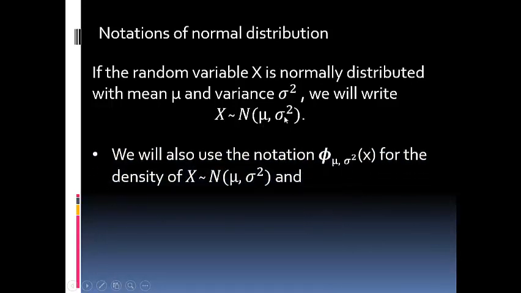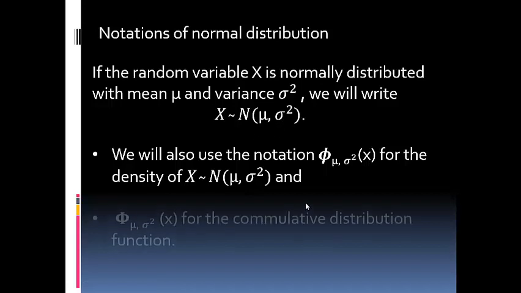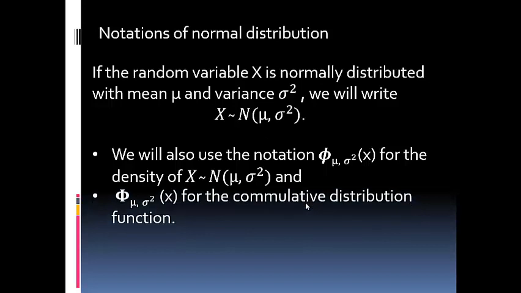We will also use the notation small phi sub mu sigma squared of x for the density and big phi sub mu and sigma squared of x for the cumulative distribution function.